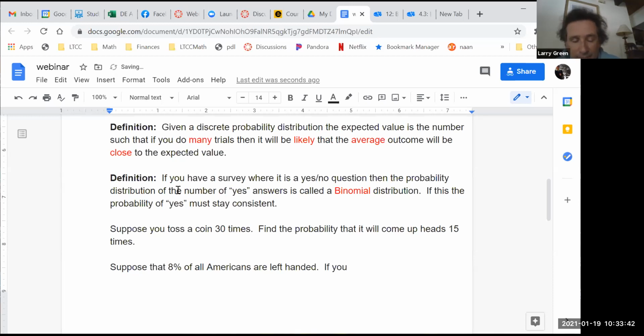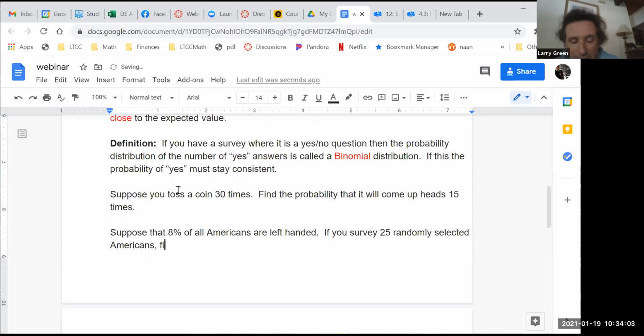If you survey 25 randomly selected Americans, find the probability that at least, actually, let's go at most 3 will be left-handed. Okay, is this binomial?